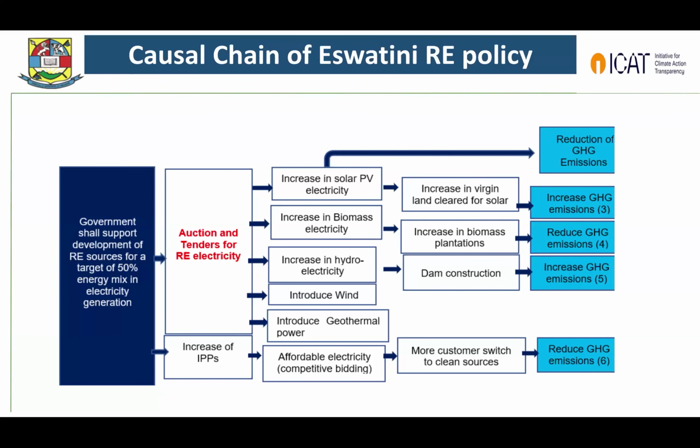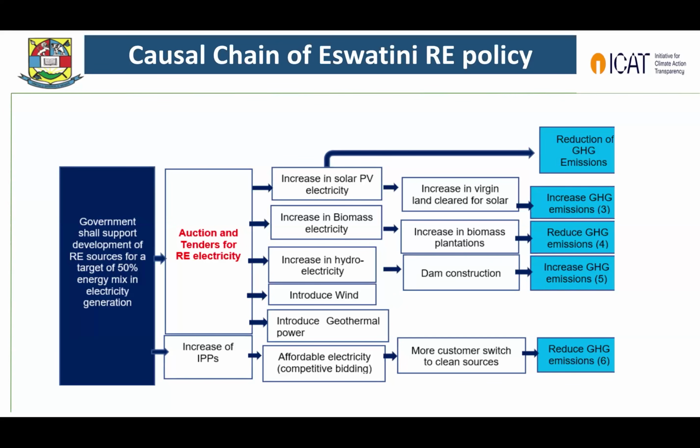The same will happen with the depth, but there you'll be increasing your sink. So then you will be reducing GHG emissions again. So that is the causal chain that we had for the GHG emissions.